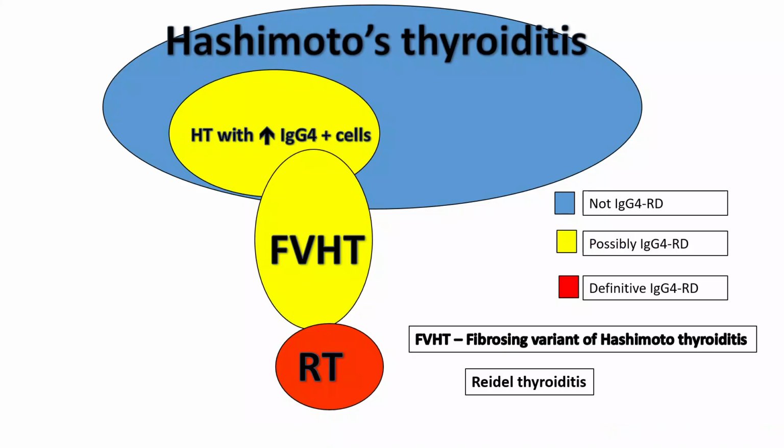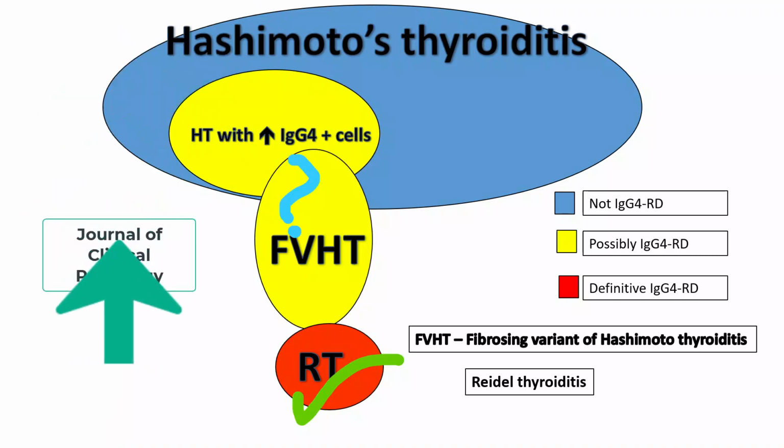So here's what I think is happening, and as I said, there are other points of view. In my mind, there is no question that Riedel's thyroiditis belongs to the spectrum of IgG4 related disease. I'm increasingly skeptical that the fibrosing variant of Hashimoto's thyroiditis belongs to the spectrum of IgG4 related disease.